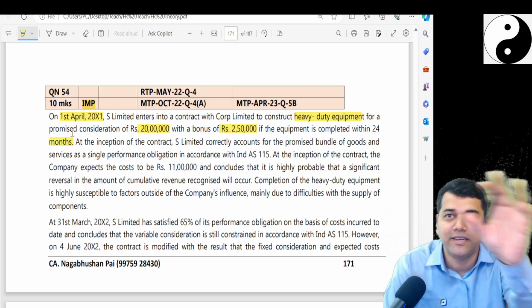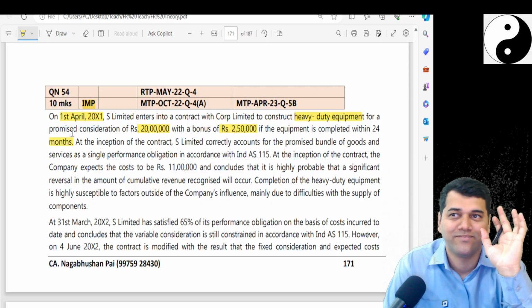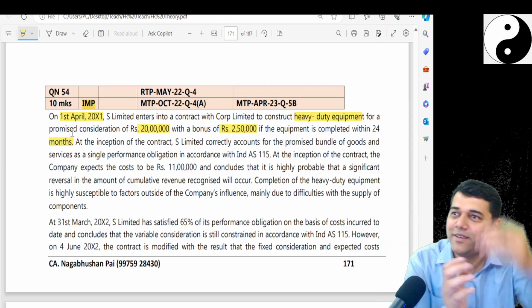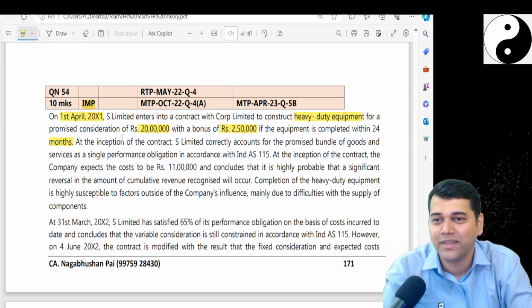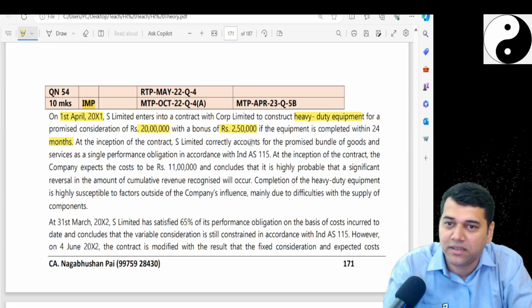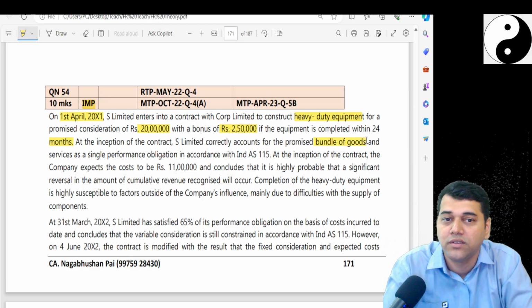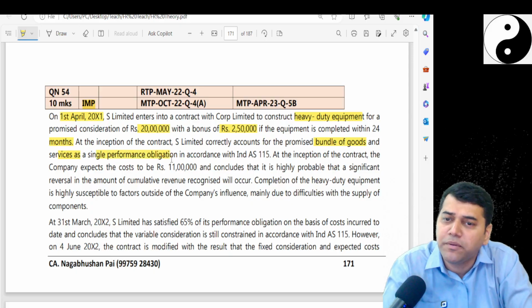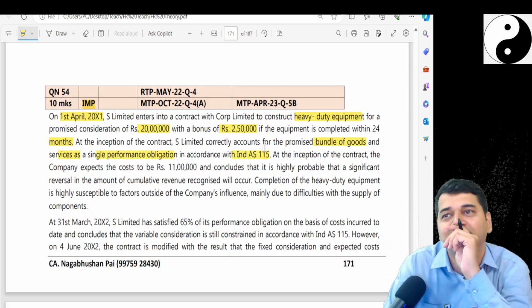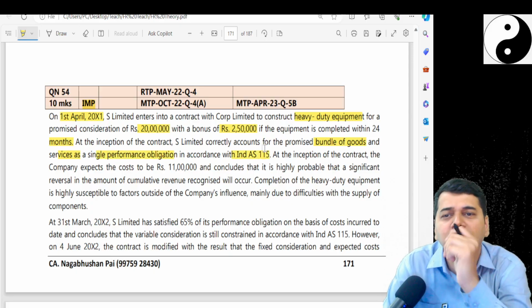Yes, very clearly one picture came into your mind. You understood it very well. Again, you need not analyze this. Okay. At the inception of the contract, S Limited correctly accounts the promised bundle of goods and services as a single performance obligation as per 115. Where is the bundle?